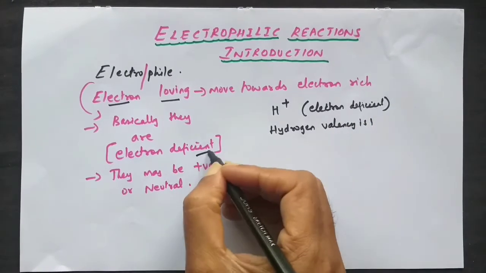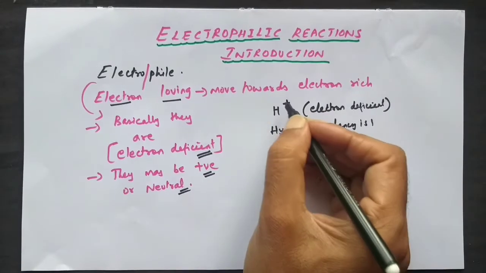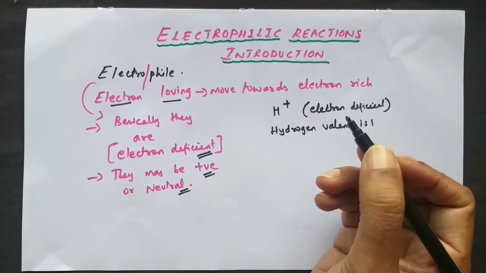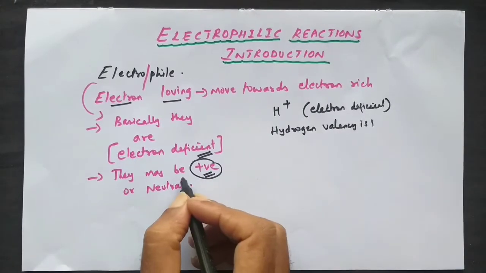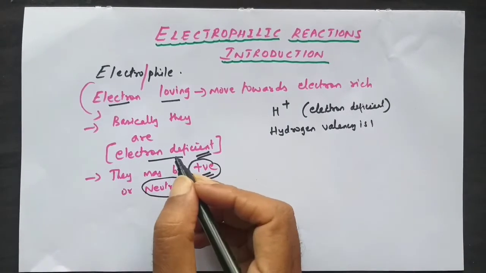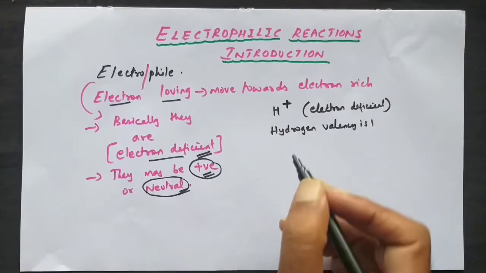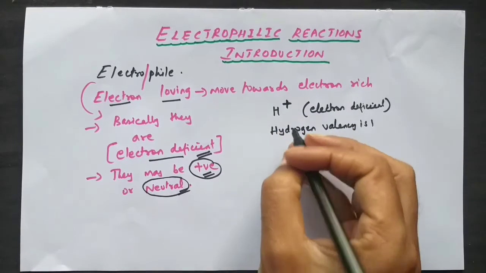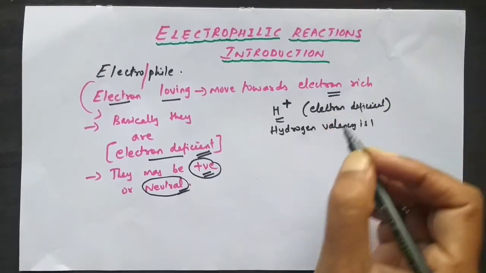Anything which is electron deficient may be positive or neutral. Here it is directly given as positive, so they will act as electrophiles. In general, electrophiles will be either positive or neutral, but the important point is they must be electron deficient. H plus moves towards the electron rich area.